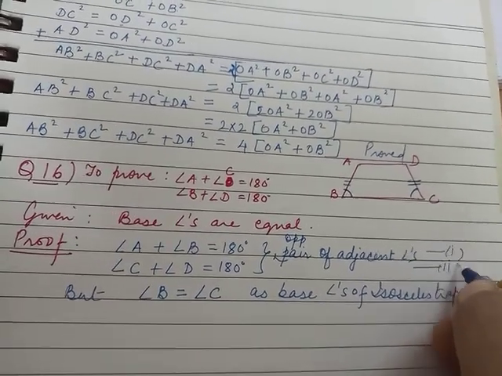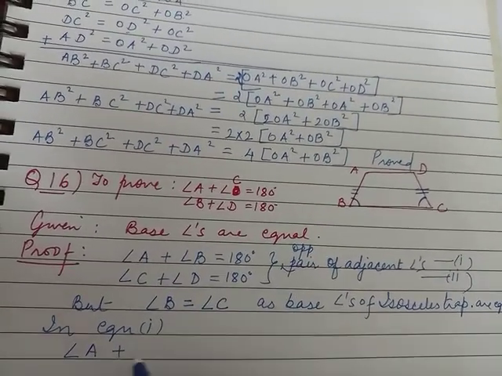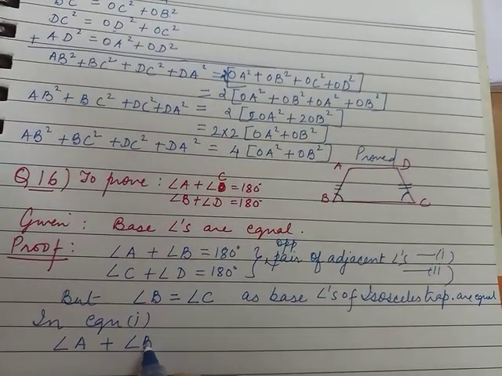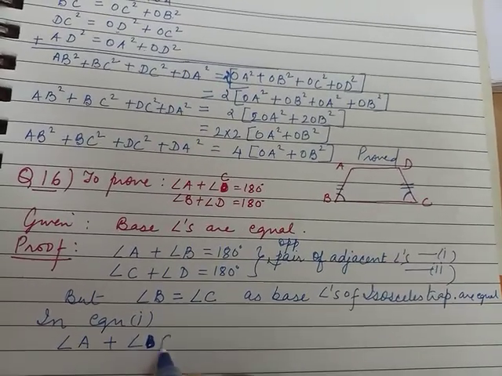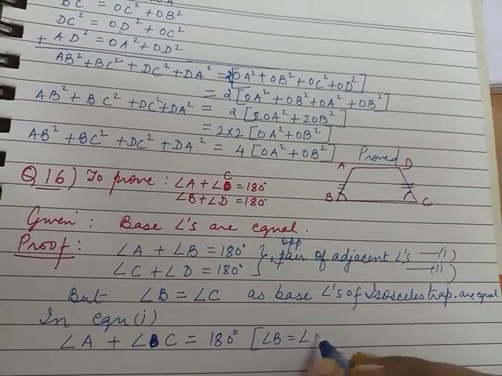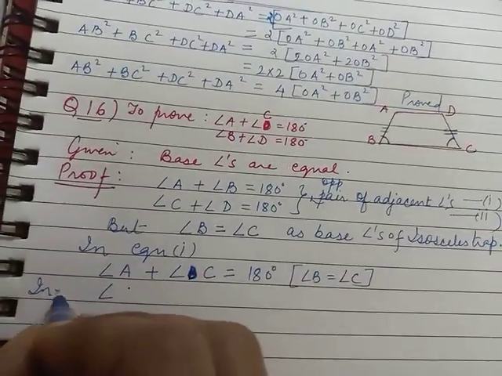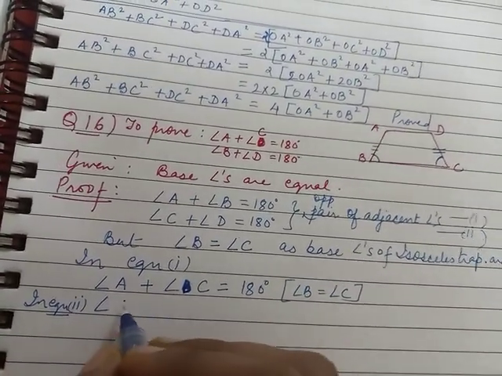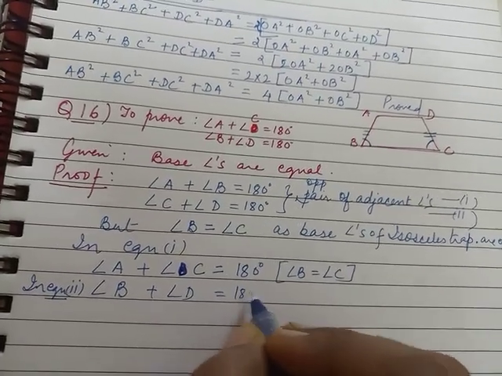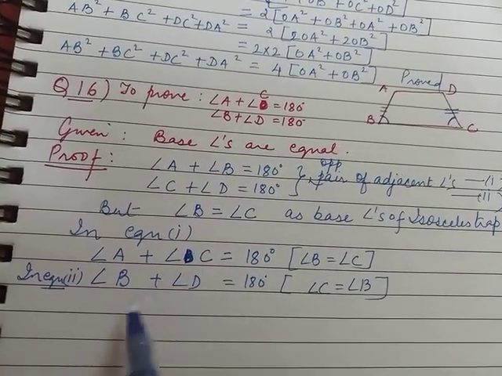This is equation 2. In equation 1, I replace angle B with angle C. Similarly, in equation 2, I replace C with B. So we got the sum of two opposite angles is supplementary.